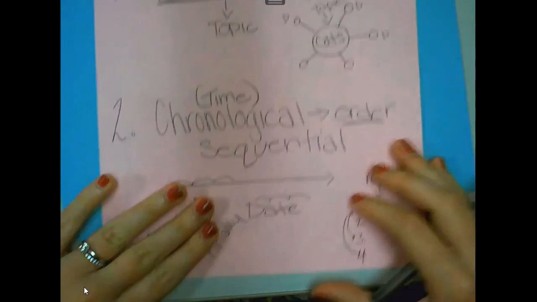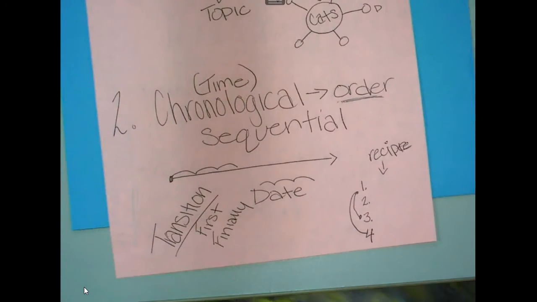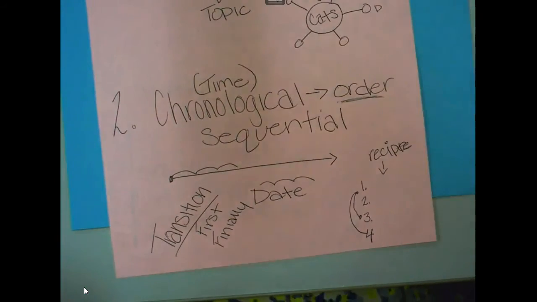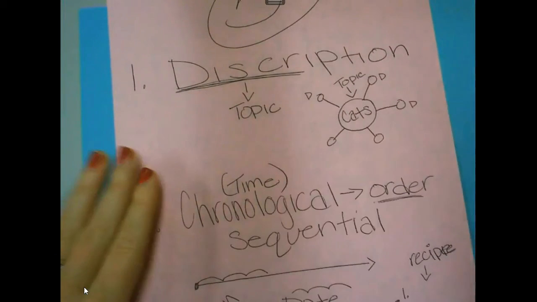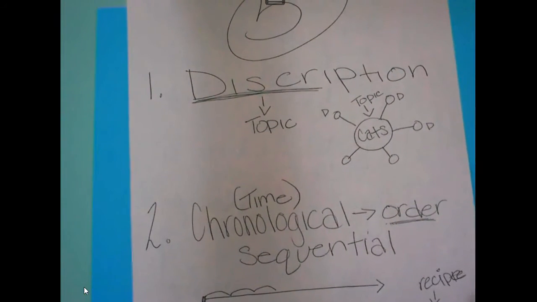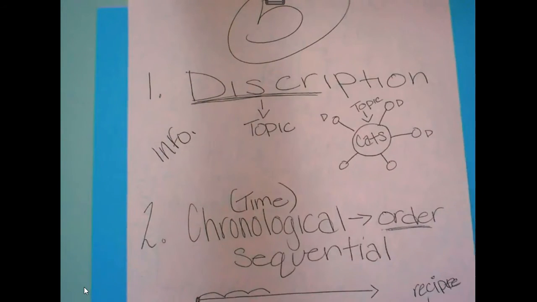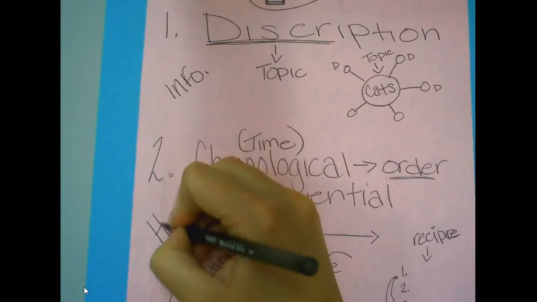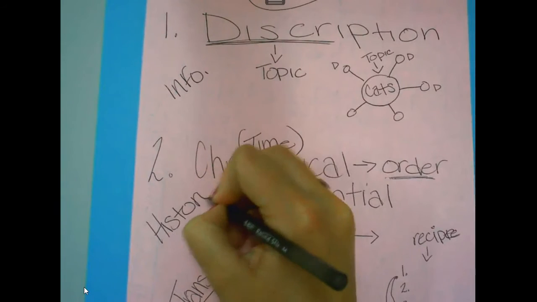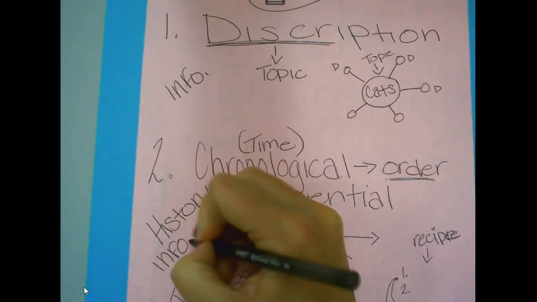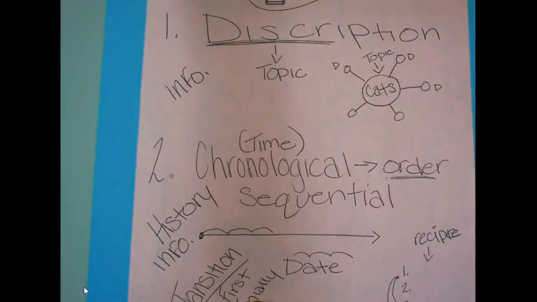Okay? This is a lot. We understand this is a very interesting way of reading nonfiction, but what will happen is you'll start to notice authors pick these for different reasons. Mainly they're just giving you information and description. They're just giving you a history or information in chronological, sequential order.